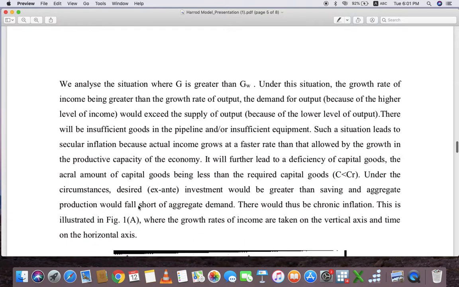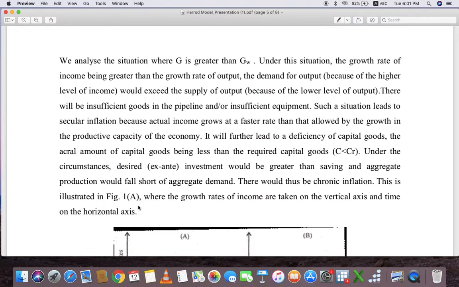Now, let us discuss the first situation where G is greater than GW. Growth rate of income becomes greater than growth rate of output. That means demand for output will exceed the supply of output. GW is the growth rate of output, which is the maximum level of growth rate of output, because it is the full employment growth rate of output.